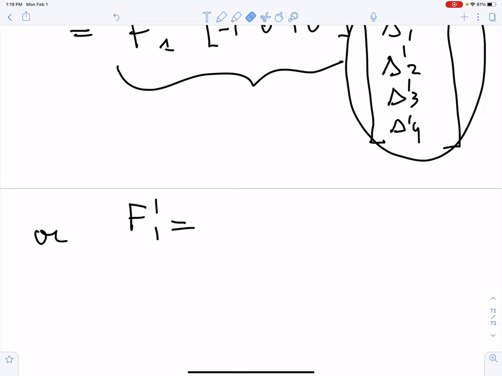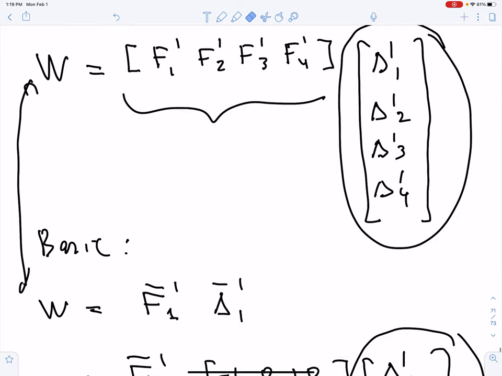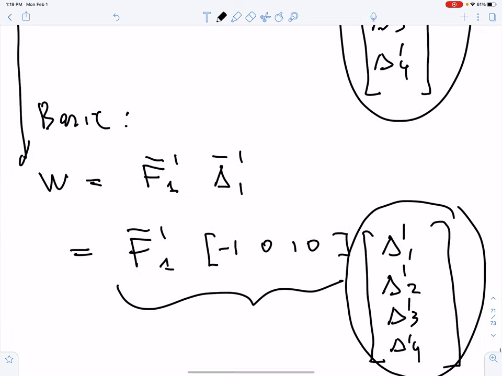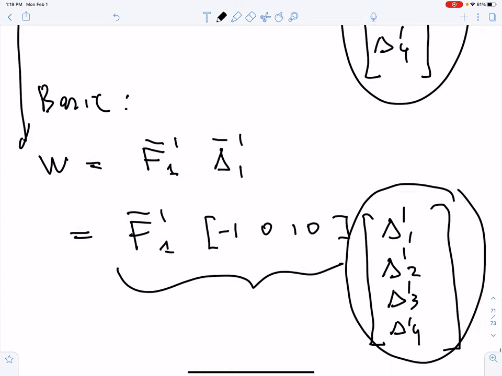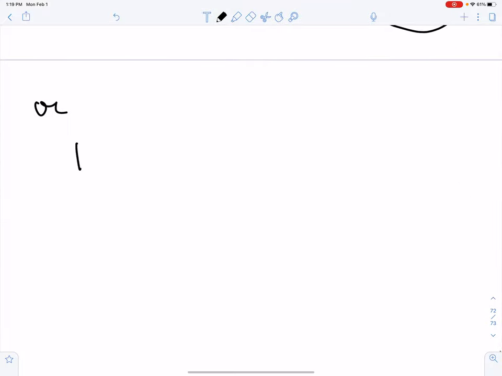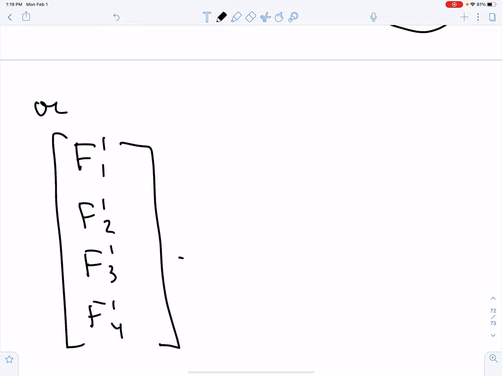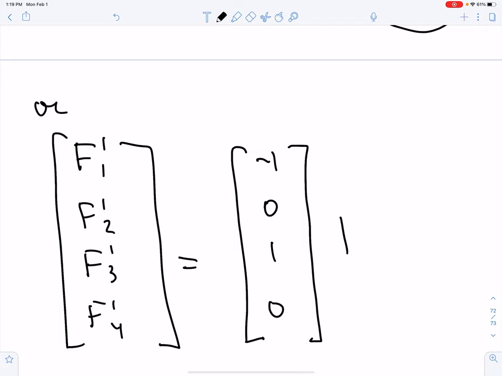Actually, let me state it as a vector. So just take this vector here and compare it to this vector there, and you find that f prime 1, f prime 2, f prime 3, and f prime 4 equal minus 1, 0, 1, 0 times f prime over bar 1.